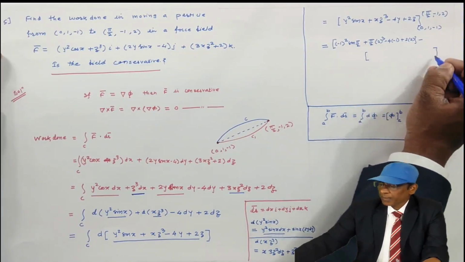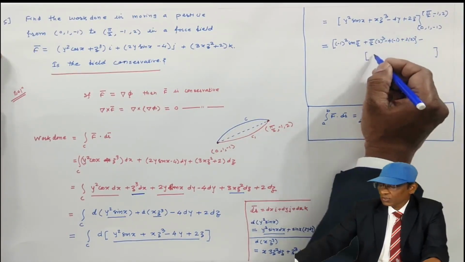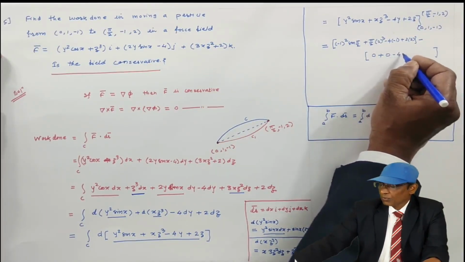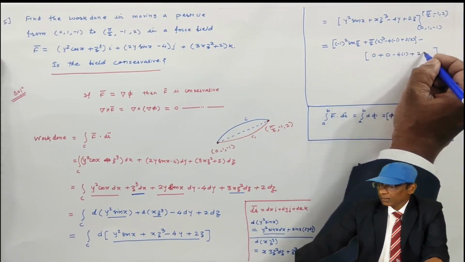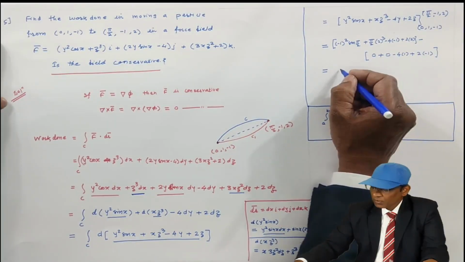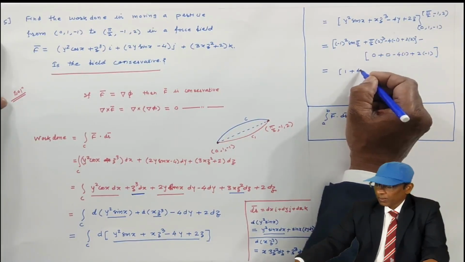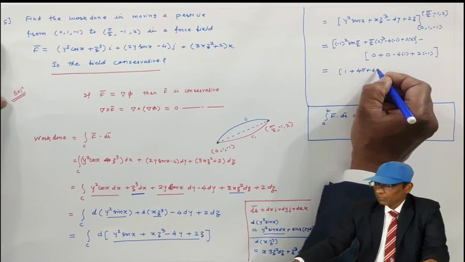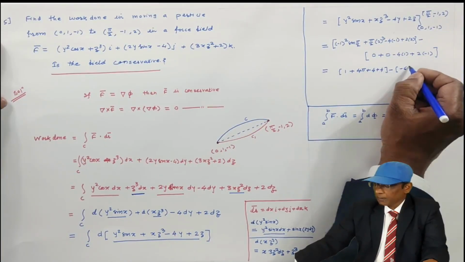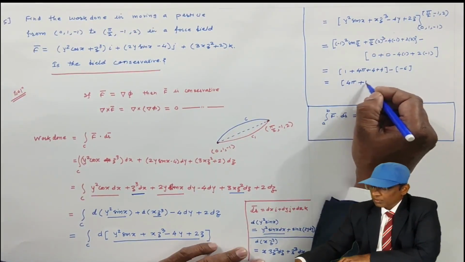For the lower point, put x equal to 0, so sin 0 is 0 directly, minus 4 times y which is 1, and 2z with z equal to minus 1. Now evaluate: 1, plus pi by 2 times 8 is 4 pi, plus 4, minus 4 minus 2, which is minus 6. This is equal to 4 pi plus 9 plus 6, which is 15.